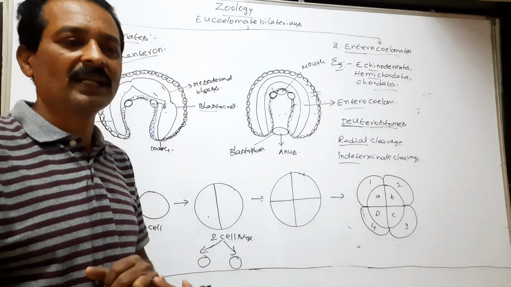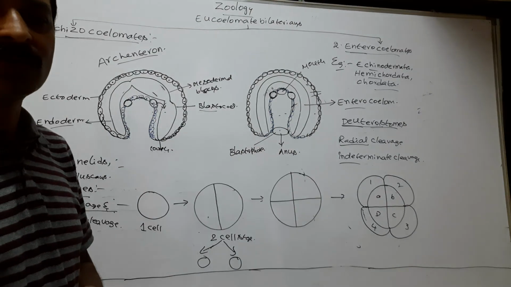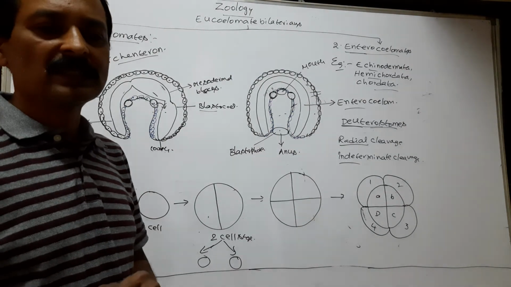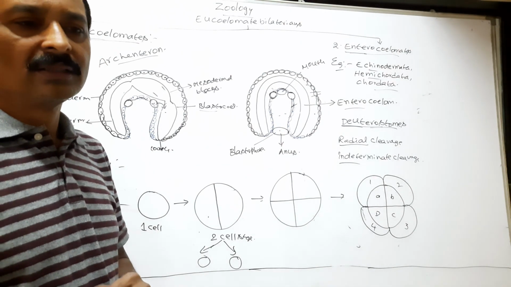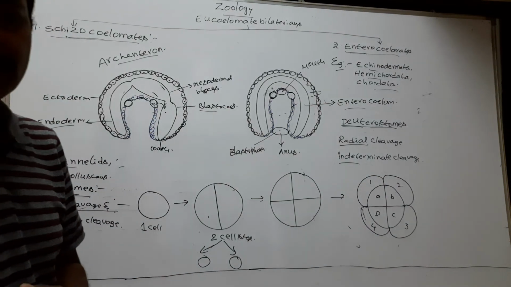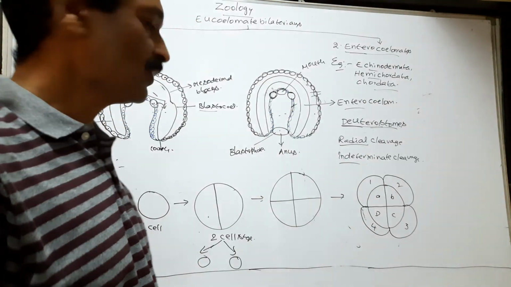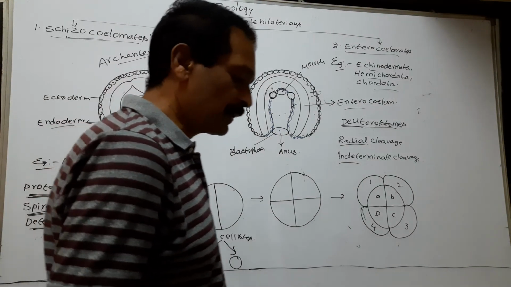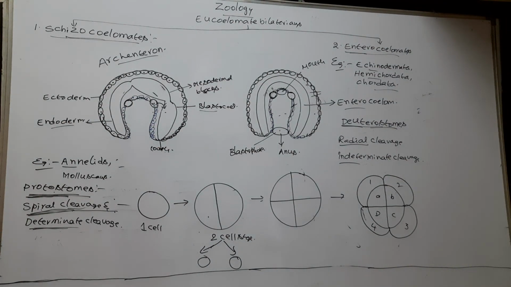When the original cell in a deuterostome embryo divides, the two resulting cells can be separated and each one can individually develop into a whole organism. So each separated cell from the zygote can produce a complete organism in indeterminate cleavage.